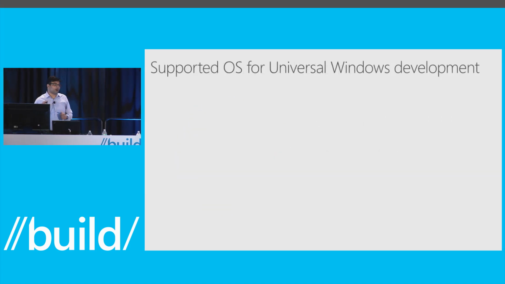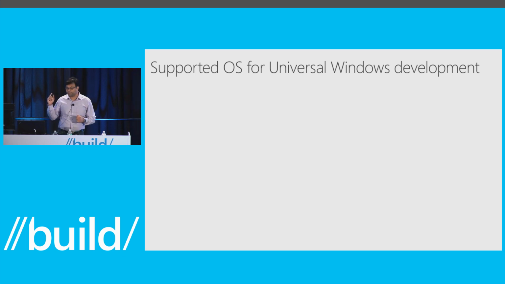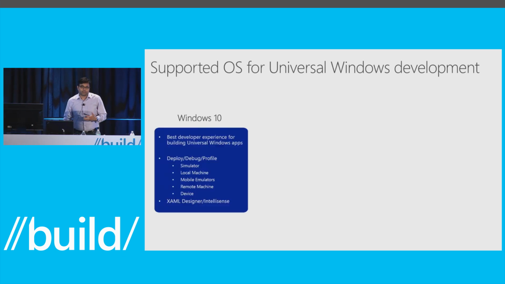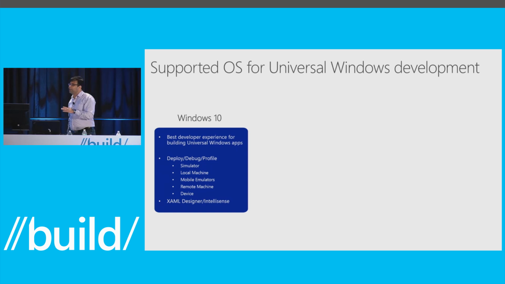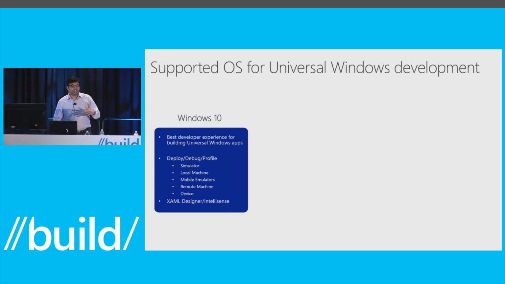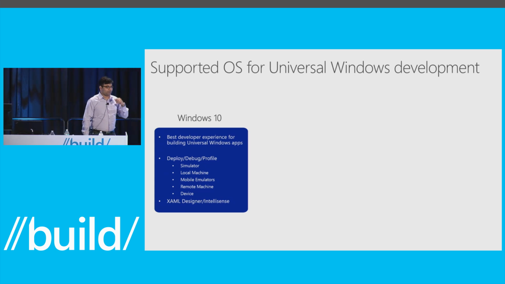So let's now talk about the supported OS for Universal Windows development. From a Visual Studio perspective, we always want our developers to be running on the highest version of Windows to get the best developer experience. So if you want to build a Universal Windows app, we encourage you to use the latest Windows 10 Flight and install the tools. When you are running on Windows 10, you can use any of these deployment targets.